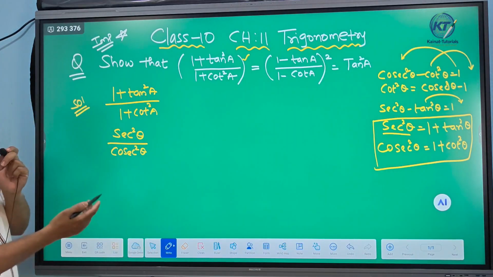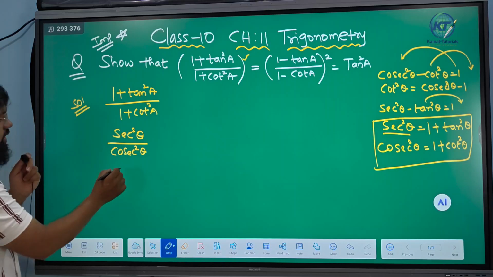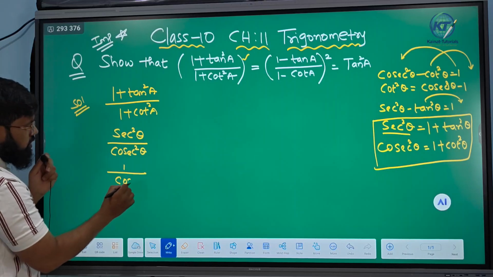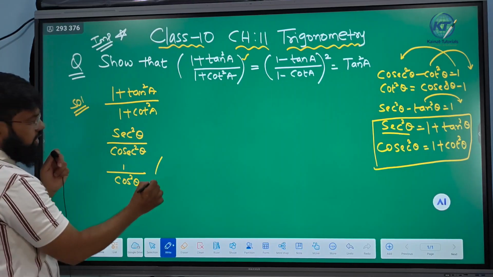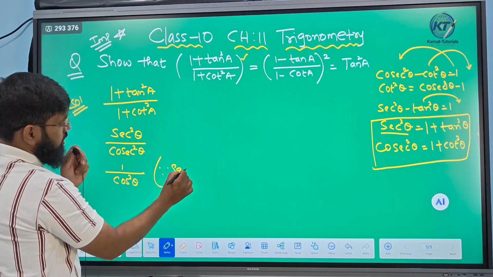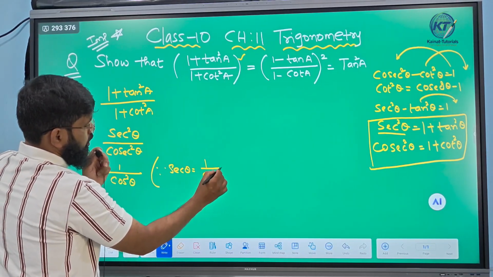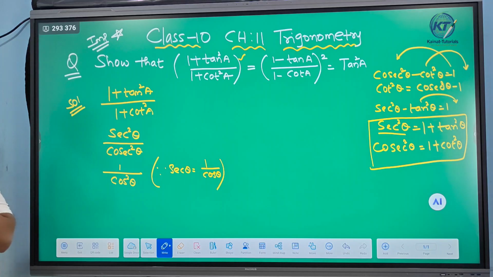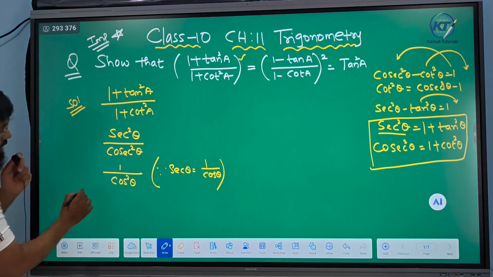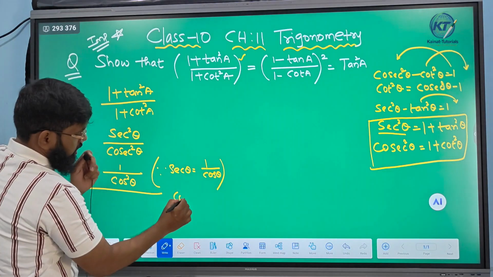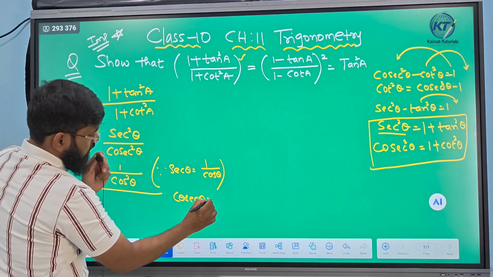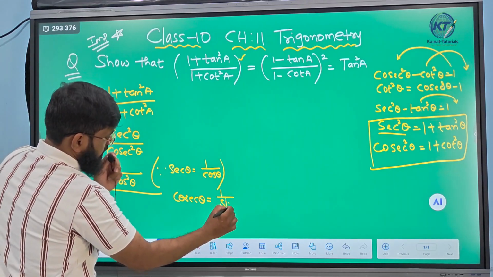Then the reciprocal of secant square theta is 1 by cos square theta. Okay sir, why? Because we are having the reciprocal formulas, that is secant theta is equal to 1 by cos theta. Am I clear, everyone? Then here in the place of cosecant square theta, I will write, cosecant theta is equal to 1 by sin theta.